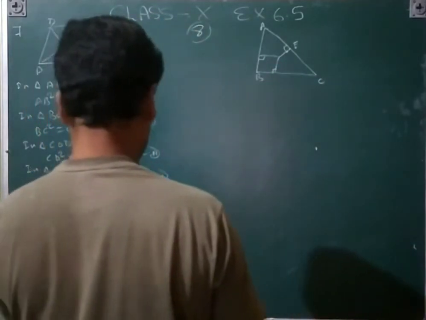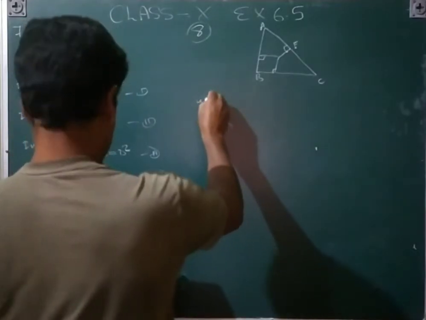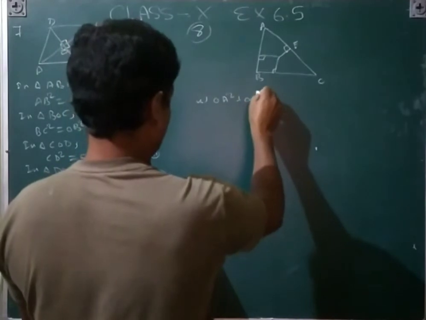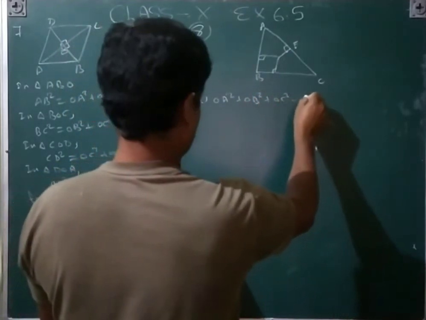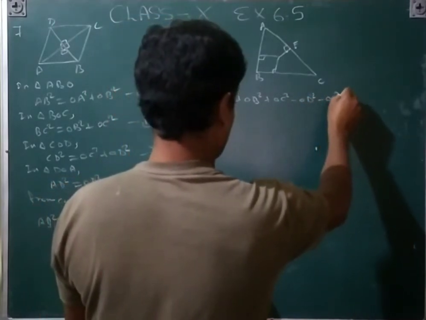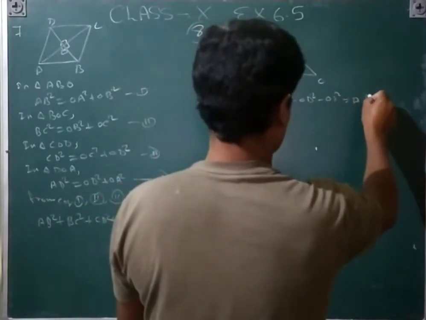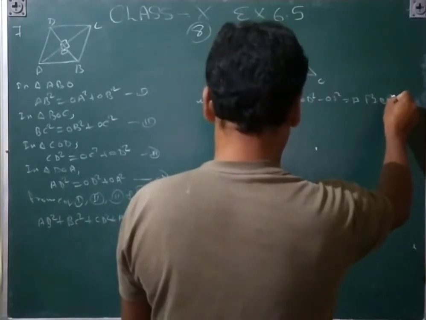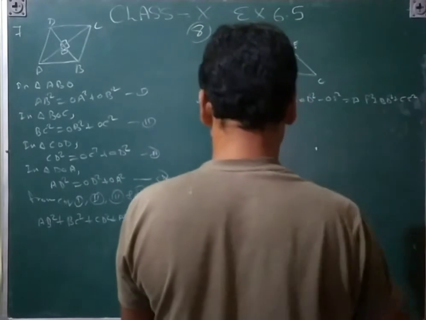So first, prove that OA square plus OB square plus OC square minus OD square minus OE square minus OF square is equal to AF square plus BD square plus CE square.